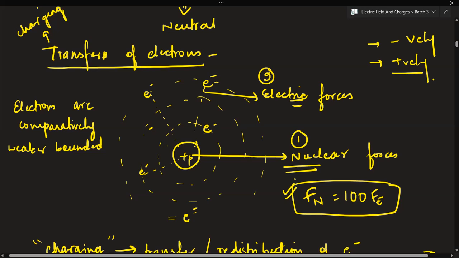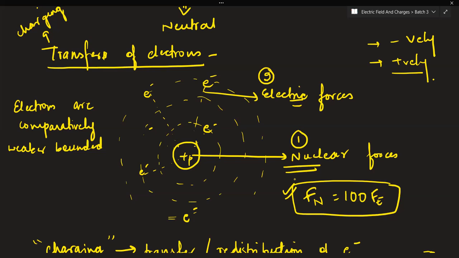So what happens? Nuclear forces are so strong that they do not allow the protons to move out. But electric forces, which are comparatively weak, can allow the electrons to escape because the bond is weak, so the bond will be broken easily. Now, this shows that only the transfer of electrons occurs.